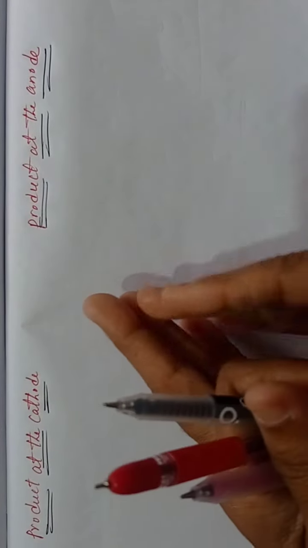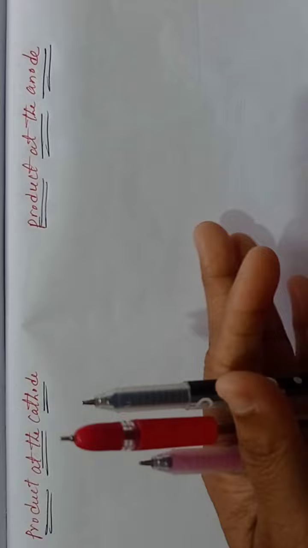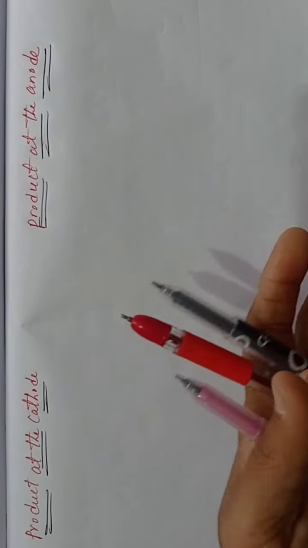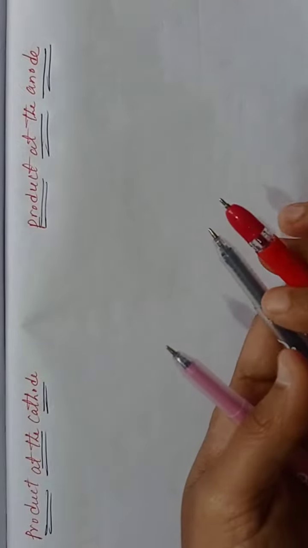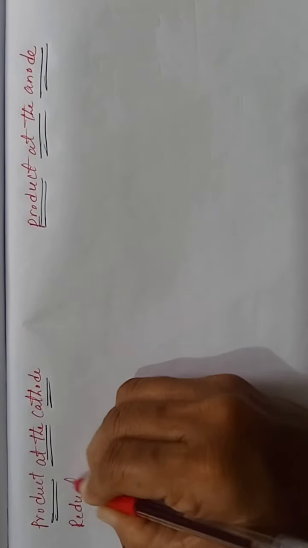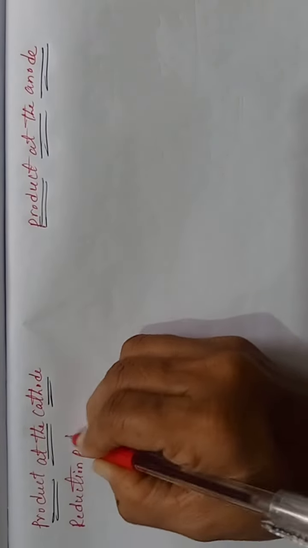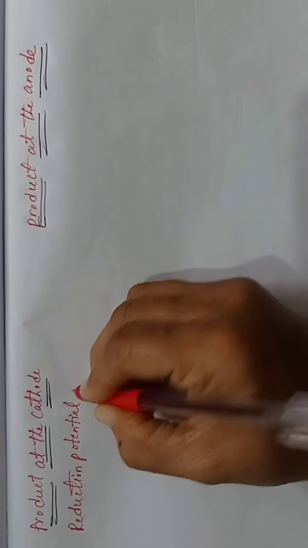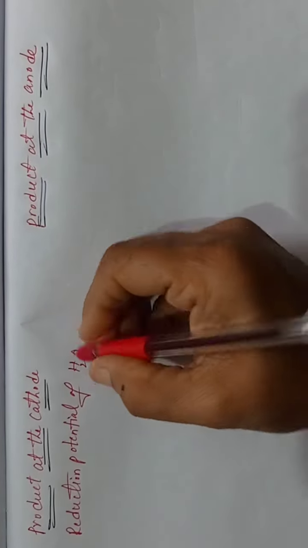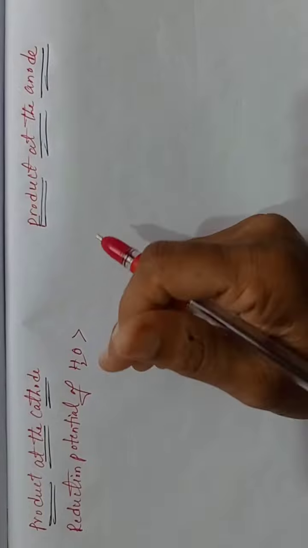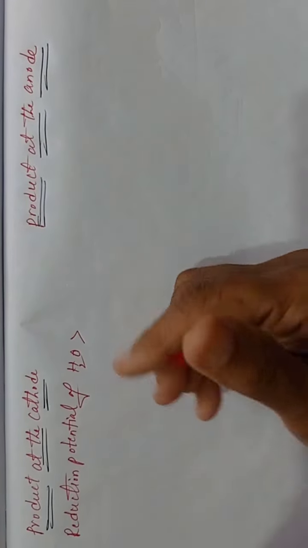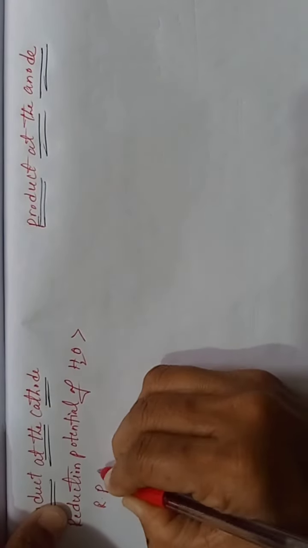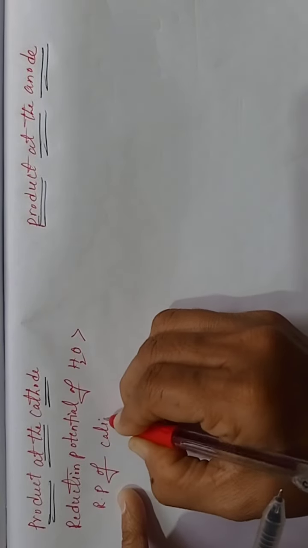Now I'm dividing it into two parts, students. Product at the cathode, first I'm going to discuss. Here I'm discussing two points. In the first point, what I'm saying: if the reduction potential of water is greater than the reduction potential of cations.